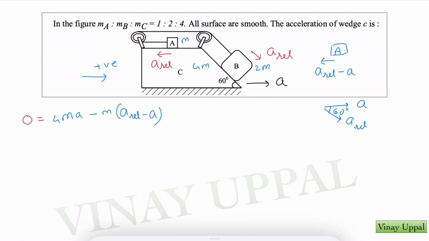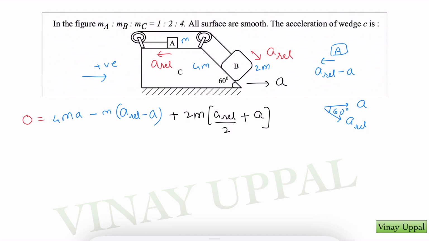So the horizontal component would be A relative cos 60 plus A. So I'll have plus mass of B, which is 2m, times (A relative cos 60, which is A relative by 2, plus A). So basically I've written down the net force on the entire system by writing down m1a1 plus m2a2 plus m3a3 in the horizontal direction for individual objects.